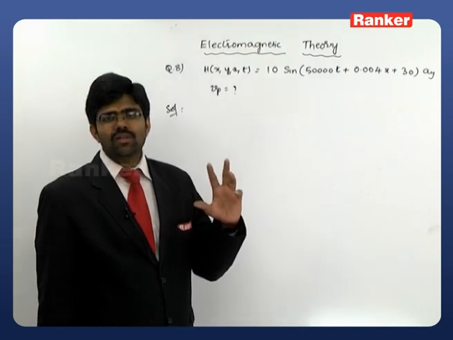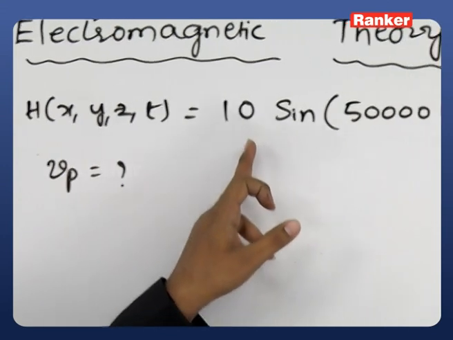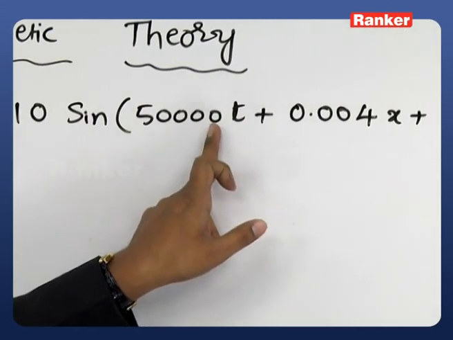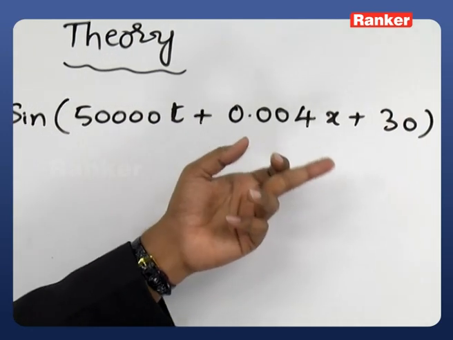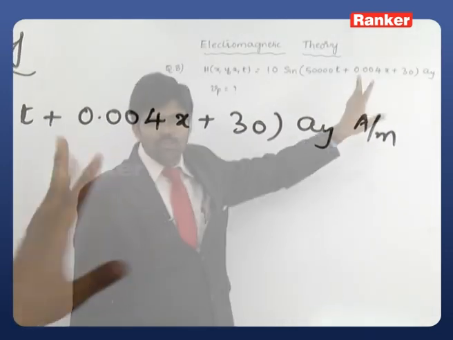The standard equation for the magnetic field is H equals H naught sine(omega t plus or minus beta x, or z or y, whatever it may be, plus some phi). That is the standard form that we have.